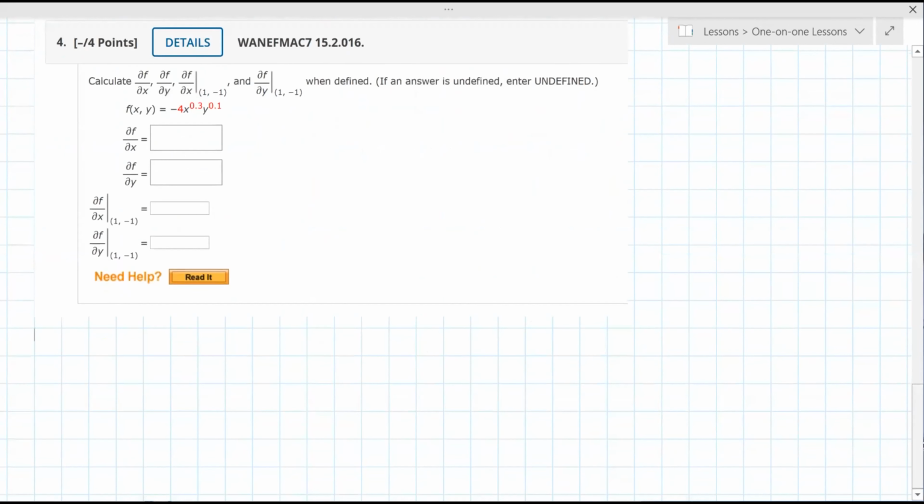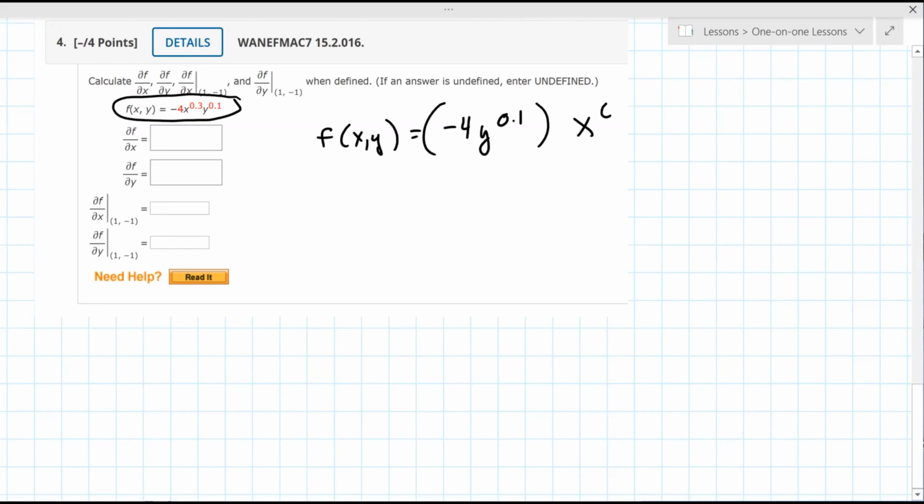Number 4. Okay, so the function is given up here, and when you're doing it with respect to x, it's good to rewrite the function. So the function is negative 4 y to the 0.1 power times x to the 0.3 power. This is exactly the same as the original, but I've rewritten it so that you treat this like a constant, like a number.